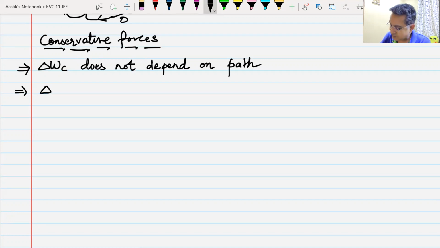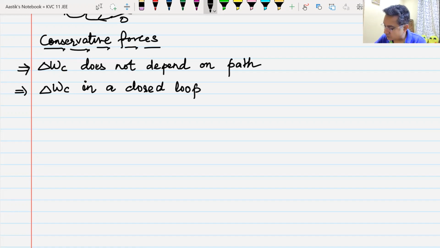What is the second thing? Work done by a conservative force in a closed loop is equal to zero. Can you give examples of conservative forces?